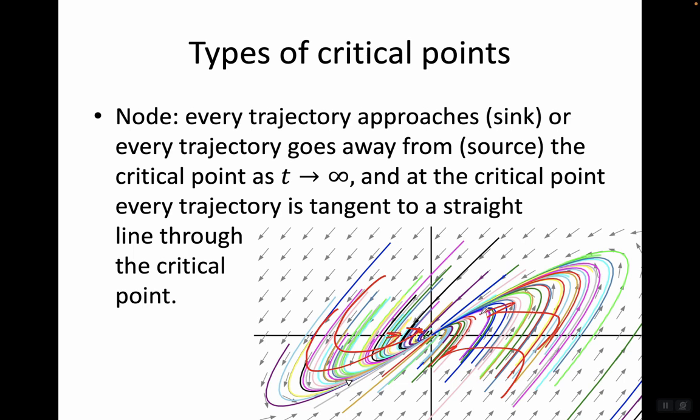If they went away from it, then the critical point would be called a source. This is a sink. And notice that at the critical point, every trajectory is tangent to a straight line through the critical point. So all of these trajectories are tangent to that line going through the critical point. For instance, this one zips around and is tangent, and this one zips around and is also tangent to that line.